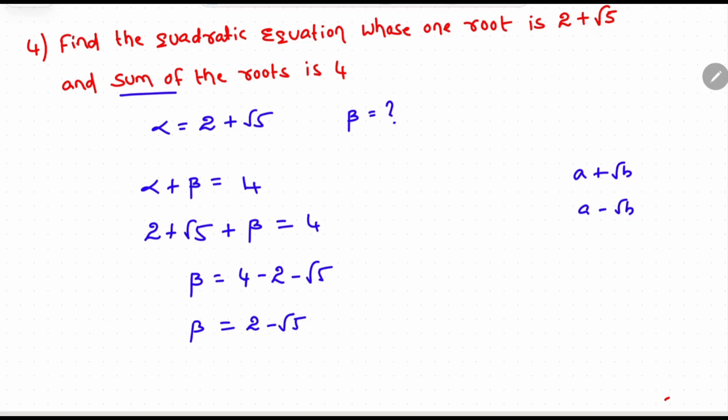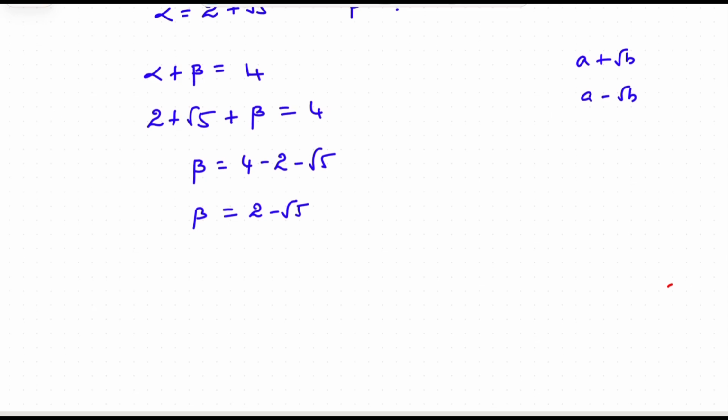So we have to find the quadratic equation now. We got alpha and beta. So alpha plus beta, the sum of the roots, is 2 plus root 5 plus 2 minus root 5. On cancellation we get alpha plus beta as 4.